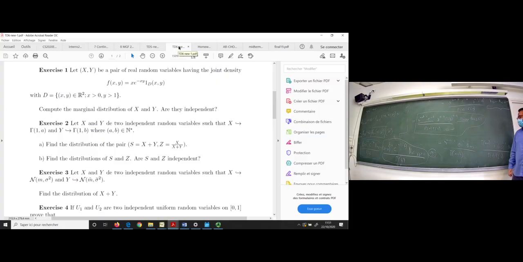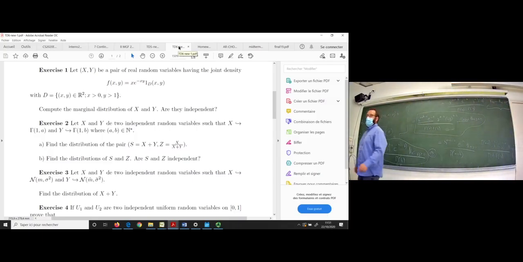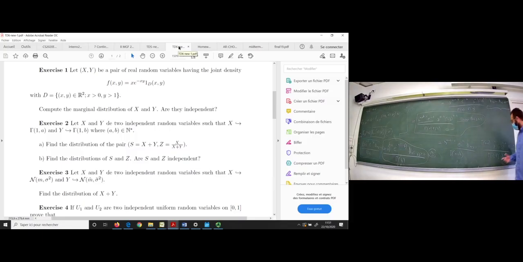So at the end, I can say that the density of S is just a gamma of parameter A plus B and 1. But the result, we have proved at the beginning concerning the gamma distribution using moment generating function. But what I obtain also is that when I do the ratio X over X plus Y, when X follows a gamma A, 1 and Y a gamma B, 1, I obtain for X over X plus Y this density function.